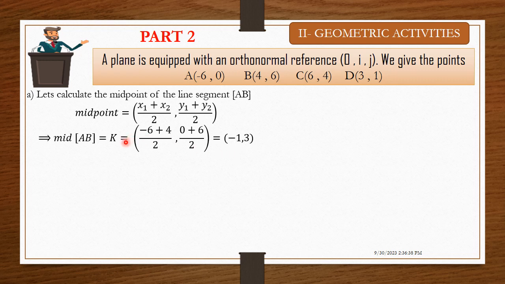Then we call it K, as the question said, calculate the midpoint K of the line segment AB. So the midpoint of the line segment AB is given as K. Alright, so that's the end of the solution to the A part of this problem.